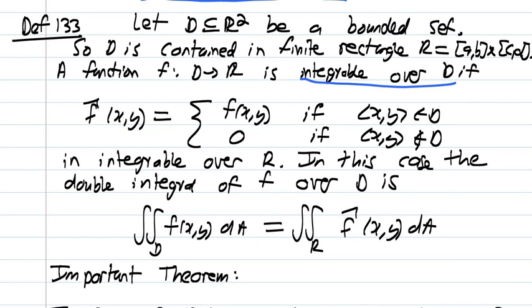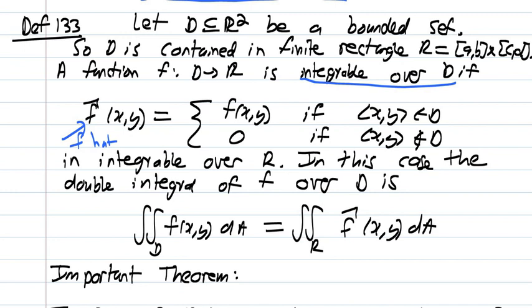If we can do the following, we define a new function and we call this function f hat. So f hat is defined as f at the point if the point is in D, but if the point is outside D, we define the output to be 0.